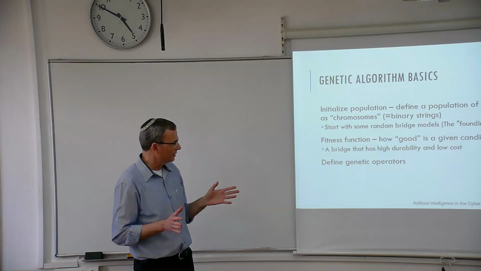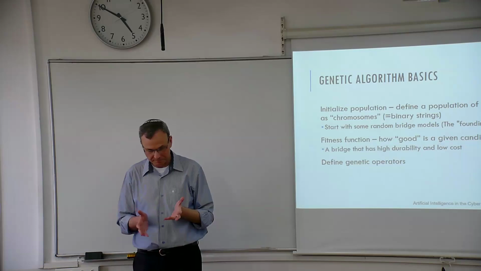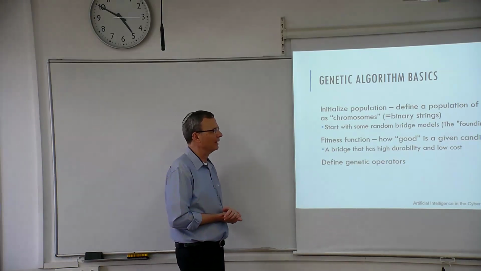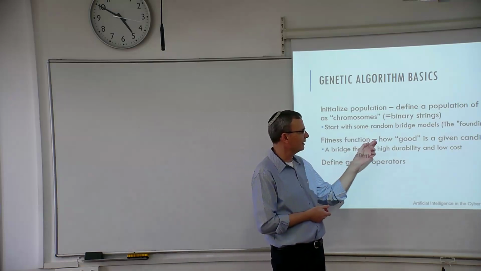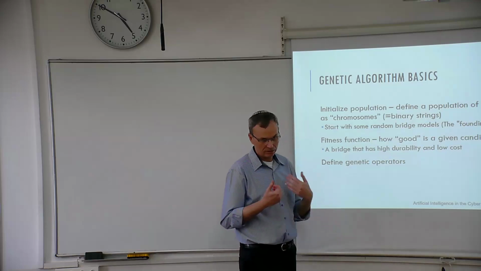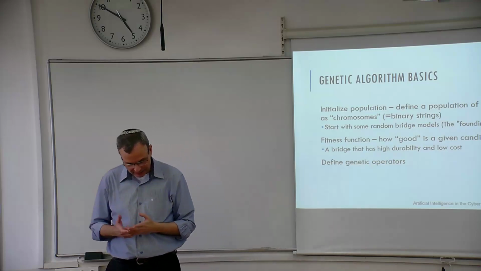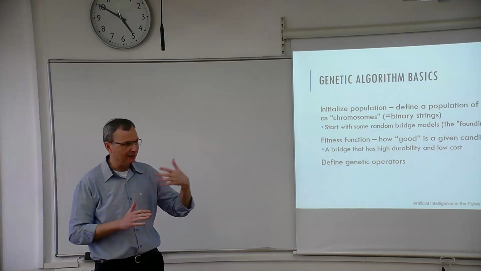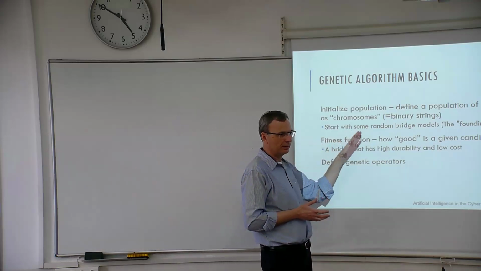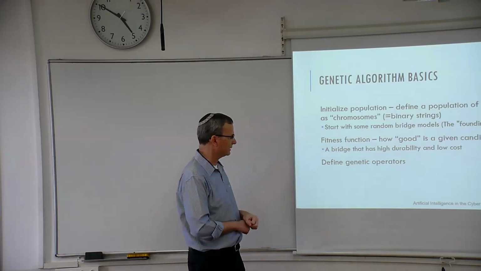So I have some kind of random bridges, and I start with them. Then I have to define something which is called a fitness function. The fitness function examines how good a given candidate solution is for my task. In our case, a bridge that has high durability and low cost. Let's say I have a way to measure it from the sequence, and I get some kind of number for this.